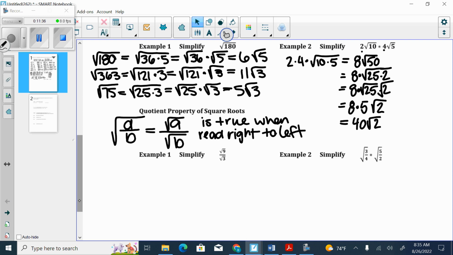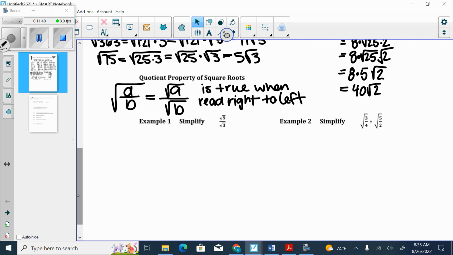Okay, so keeping this property in mind, let's look at example 1. Currently we have square root of 9 divided by square root of 3. According to this property, I could rewrite it this way and it would still mean the same thing, right? So I'm going to go ahead and do that.